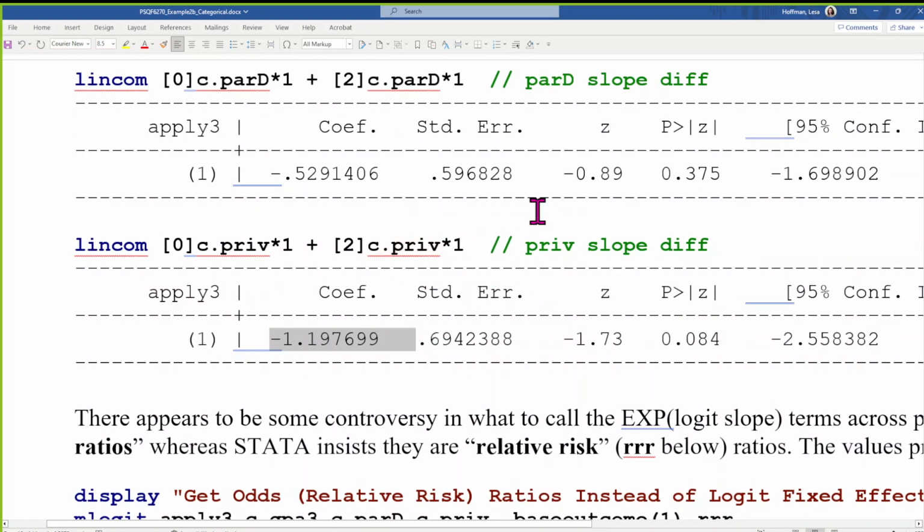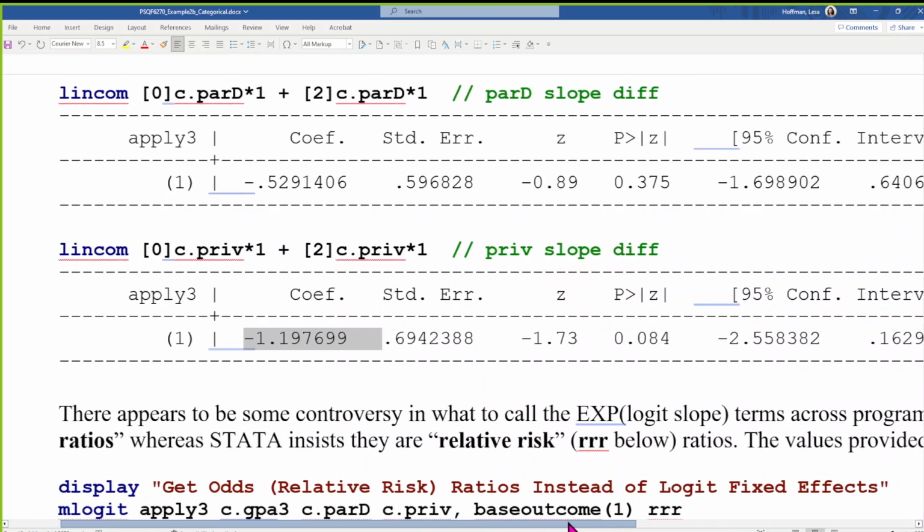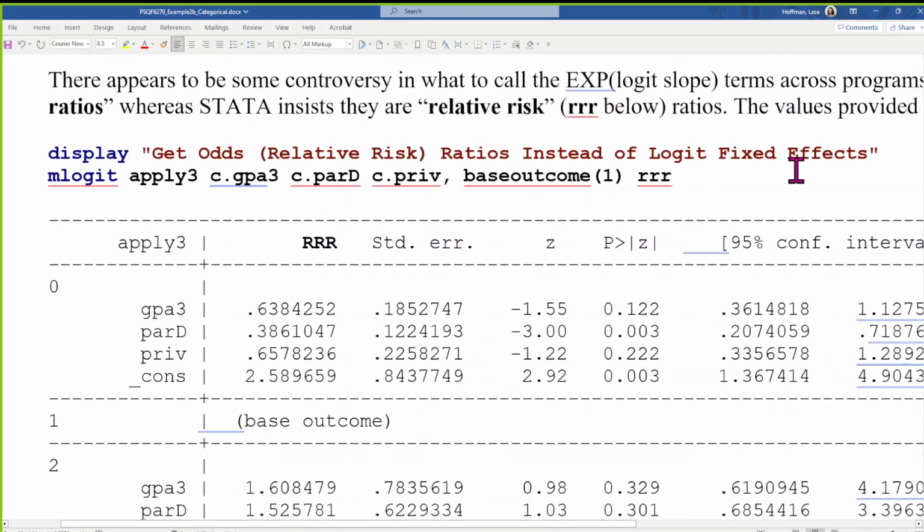Can I take these logit slopes and convert them into probability? Nope, still not allowed. Can I take my logit slopes and convert them into odds ratios for other people besides me to learn from? Now this depends on who you ask. In the Stata textbook and in the code, they insist that these are not odds ratios. They are something called relative risk ratios.